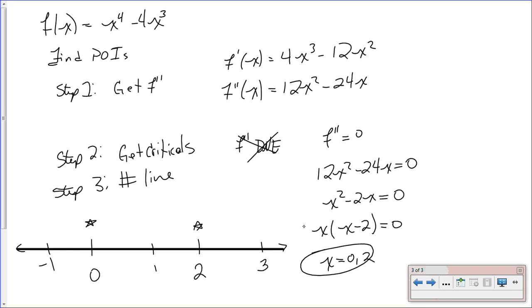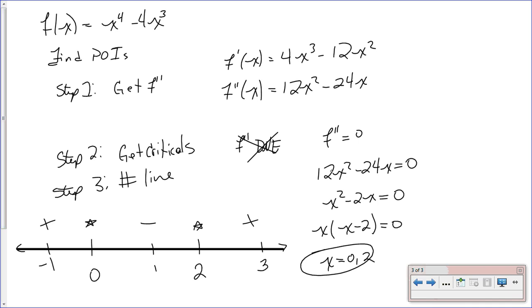If you plug in -1, you get -1 squared, which is 1, and -24 times -1, which is positive 24. So positive plus positive is positive. Plug in 1, you get 12 minus 24, which is negative. Plug in 3, you get 9 times 12, which is a big number, minus 24 times 3, which is a smaller number, so it is positive.